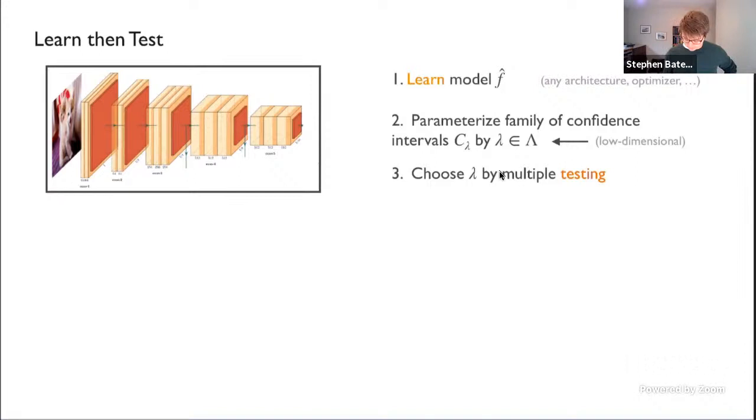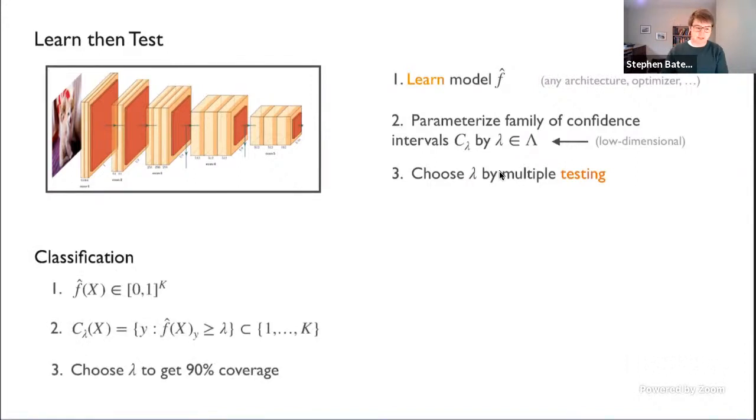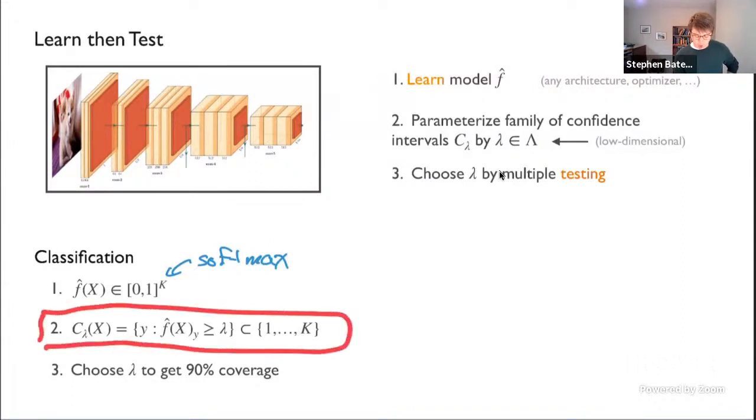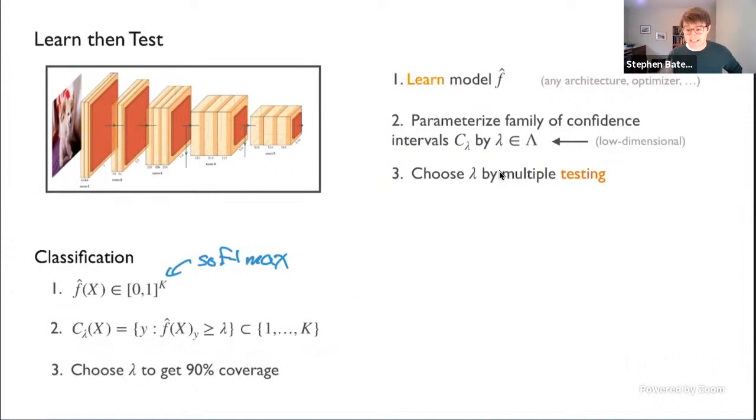Okay. So let's make this concrete in the case of classification. I'm going to start here with some model f hat. f hat is, again, something like a ResNet or any deep learning model. And let's say it spits out softmax scores for each class. Like I'll say that there's K classes here, 1 to K. I can hypothesize a set of reasonable confidence sets in this case, because the output is discrete, as follows.